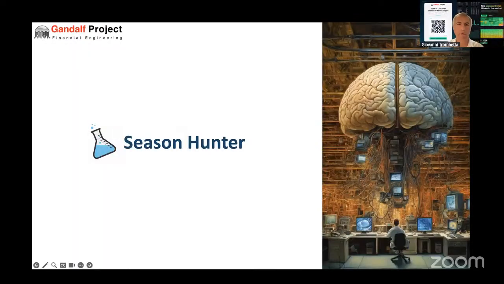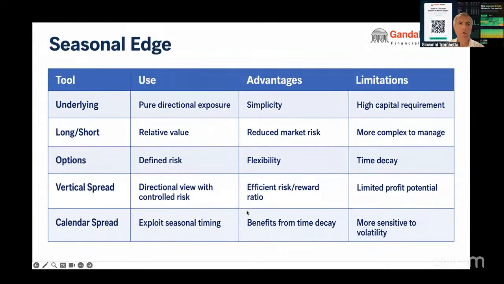Just to give you the opportunity to talk about seasonal edge, if you want to tell us some final points, very concluding. Once you identify the seasonal, how are you going to play it? How are you going to trade that?